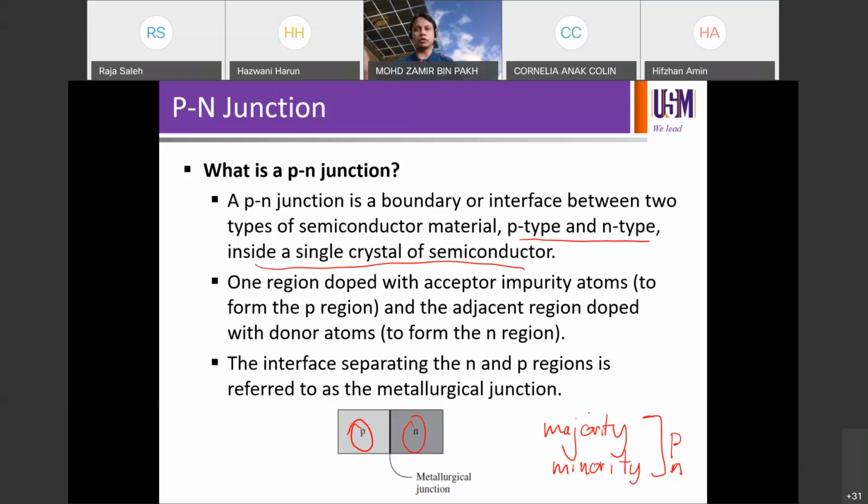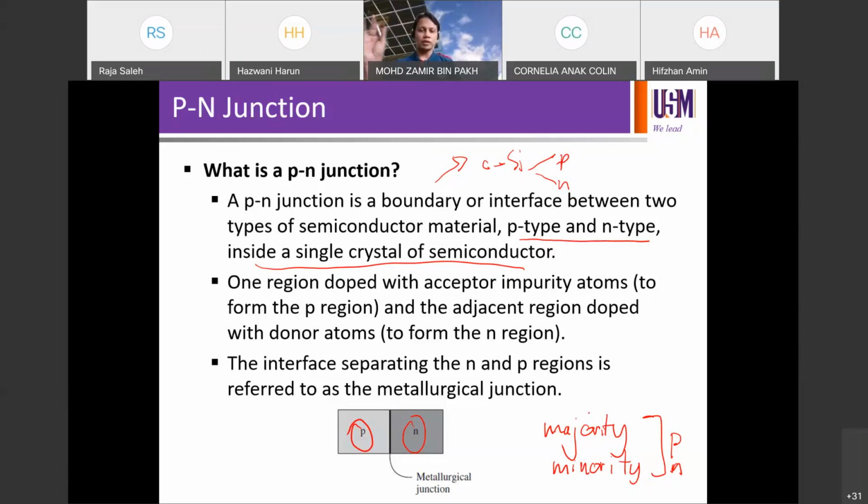But later on, we're also going to look into what if we form a PN junction from two different materials. For this default definition, say we are looking at crystalline silicon composed of P and N, both originally crystalline silicon, so that's why it is called a single crystal lattice.